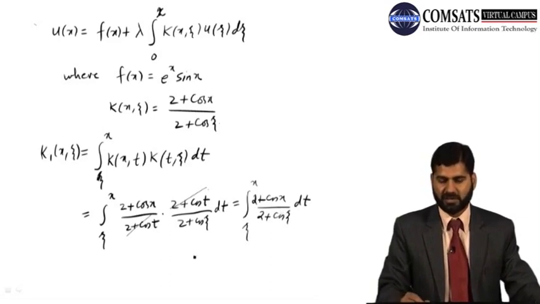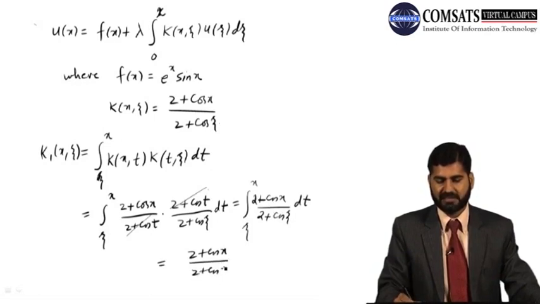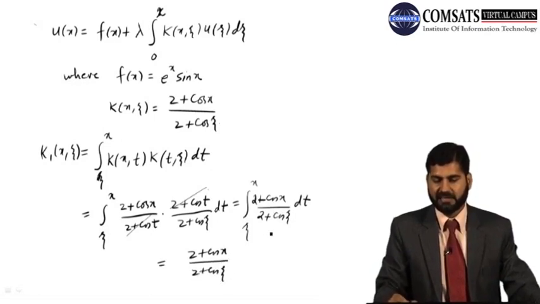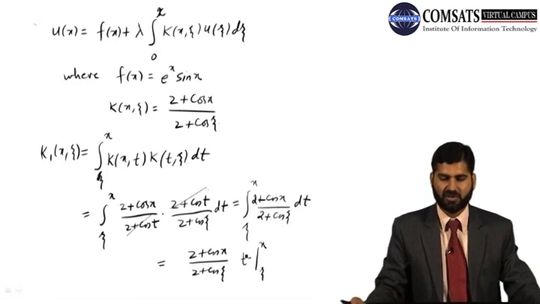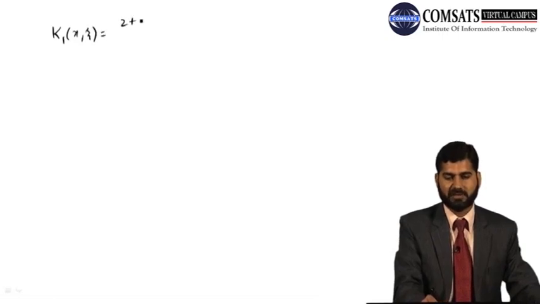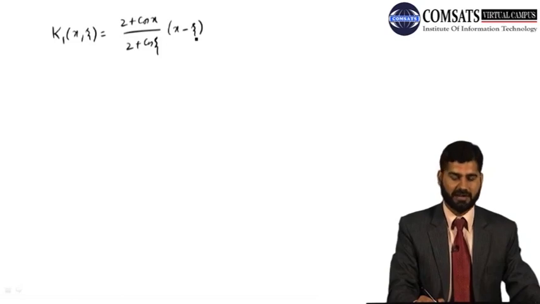T is gone. The integral is just t from xi to x. So this will become x minus xi. So your k1(x, xi) is 2 plus cosine x over 2 plus cosine xi times (x minus xi). So this is your first one.